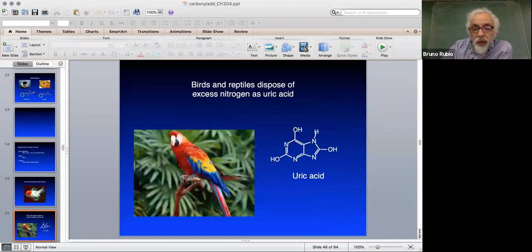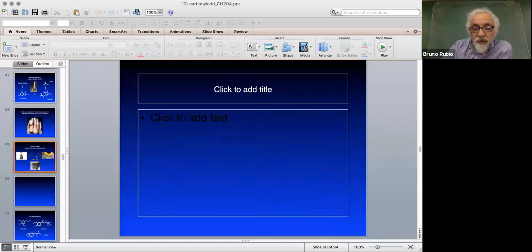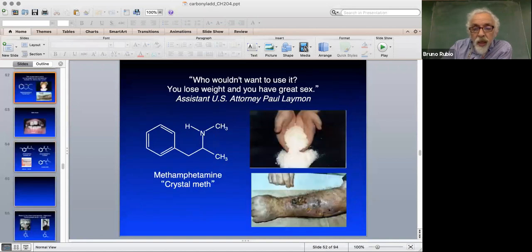All right, I want to talk about the biochemistry of nitrogen, but first, let's talk about this molecule here, crystal meth, right? And let's go through how we would make crystal meth.